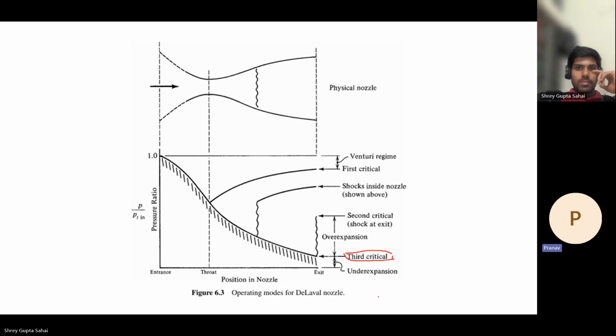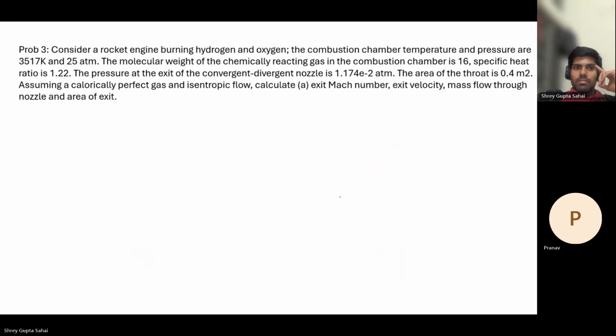But we have a conical nozzle, so I think there is some small amount of divergence loss. Yeah, I don't know much about it. Good. Nice. Conical and parabolic, basically the shape, right? This is something that we'll discuss later on. Anyways, now let's do this problem.